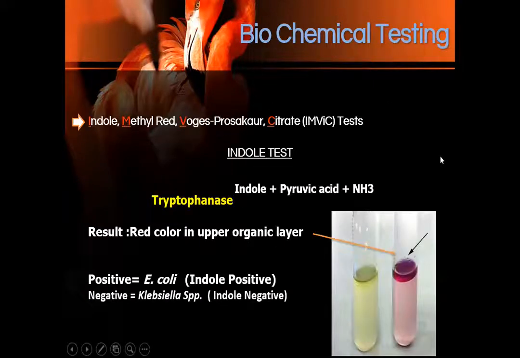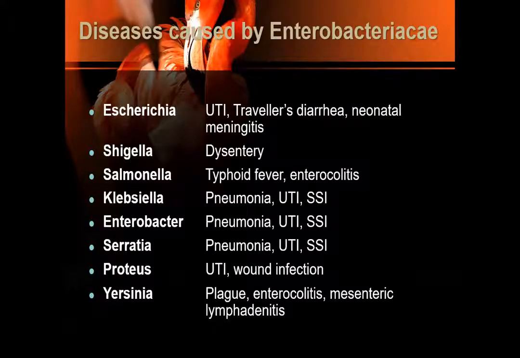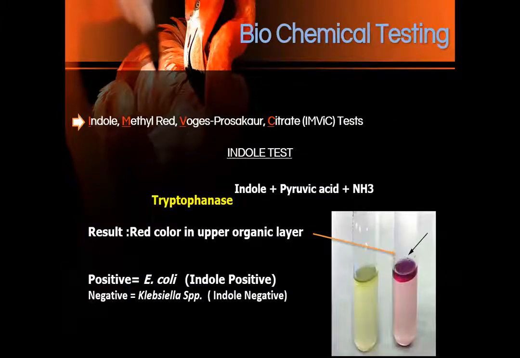Then how to differentiate between these genera or different species of these genera? So we have many biochemical tests. We can test every organism biochemically, and then we can easily identify which organism is actually involved in the disease causing process.